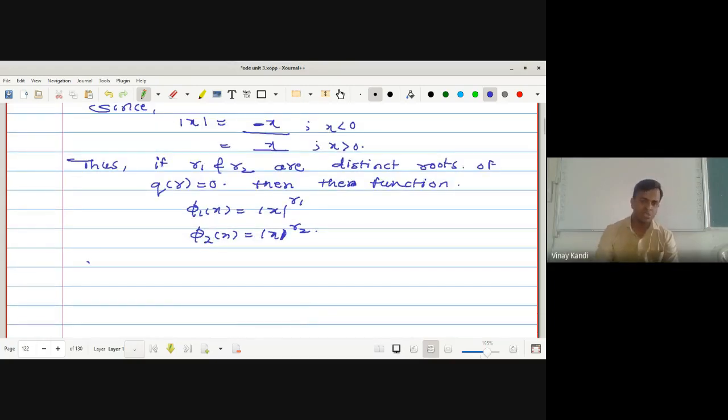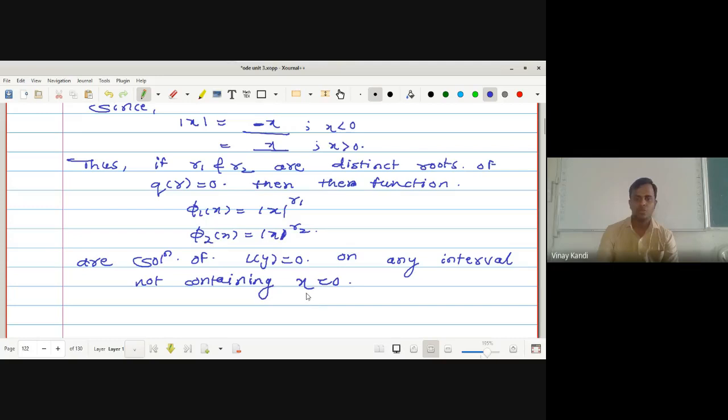Okay, our solution of L of y is equal to 0 on any interval not containing x is equal to 0. Okay, these are the two solutions of L of y on any interval not containing x is equal to 0.